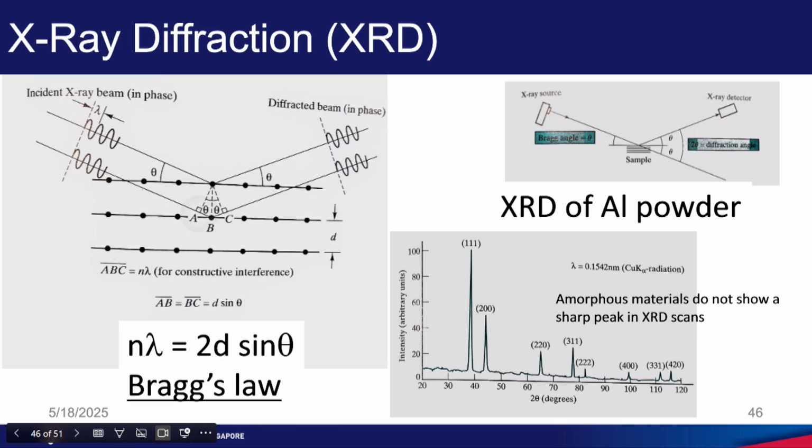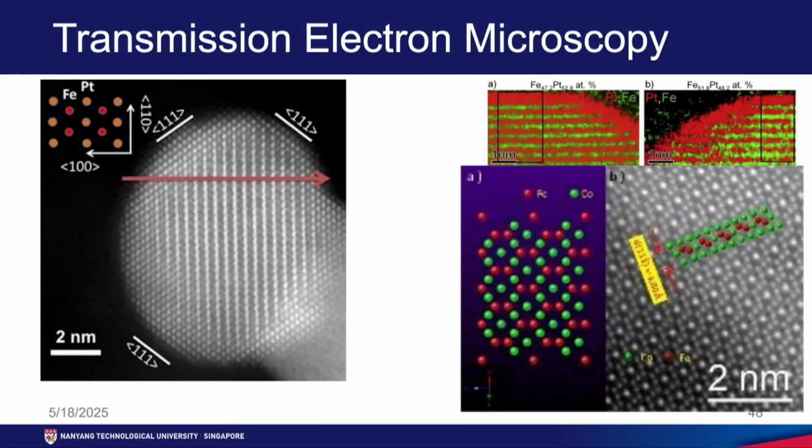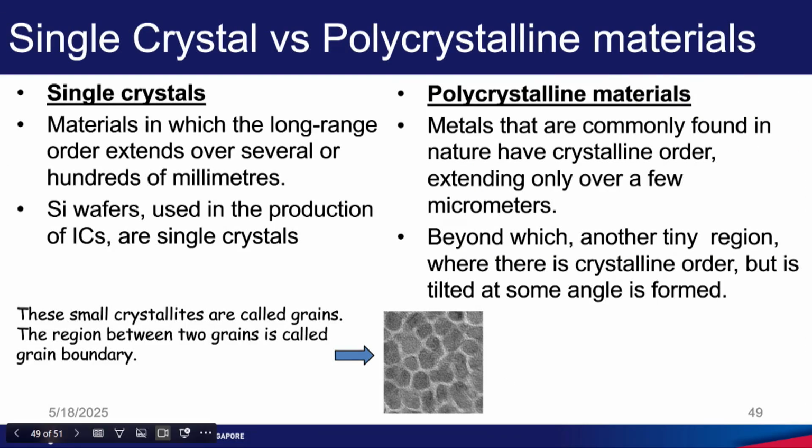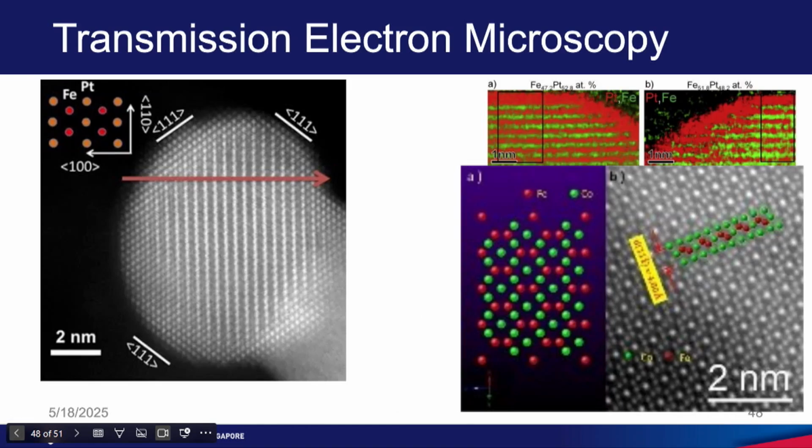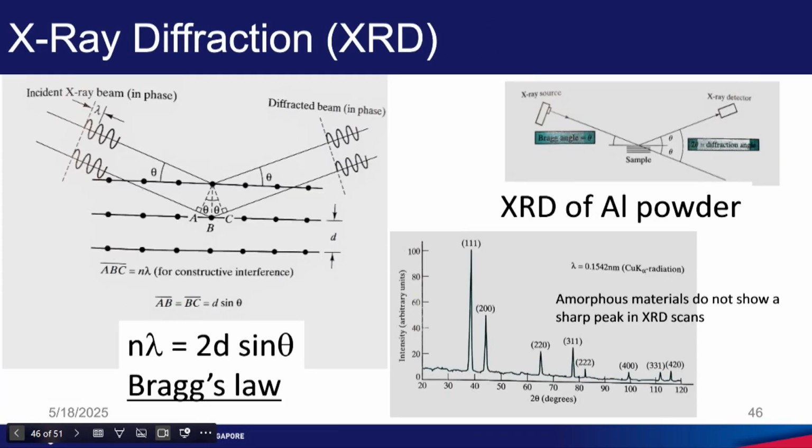Okay. So, this difference 2d sin theta will make the two wave fronts to be in phase. Okay. Then there will be constructive interference. Okay. So, when this condition is met, when n lambda is equal to 2d sin theta, constructive interference will take place and you will find peaks.